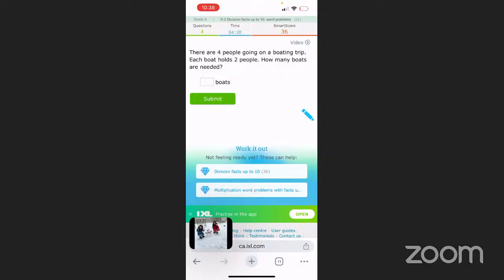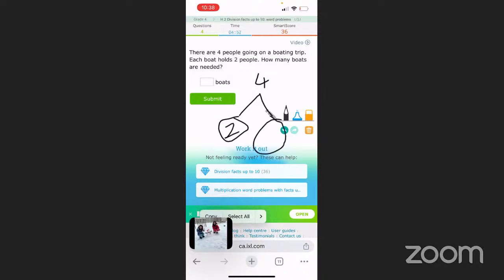Now, there are 4 people going on a boating trip. Each boat holds 2 people. How many boats are needed? Yes, Abdullah? Can you tell me? So there are 4 people going on a boating trip. Each boat holds how many people? So how many groups are we going to have? 2 groups, right?